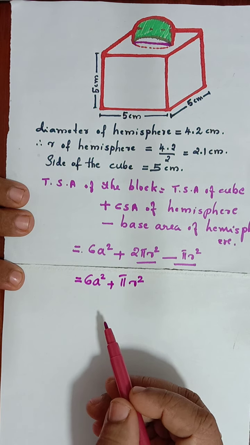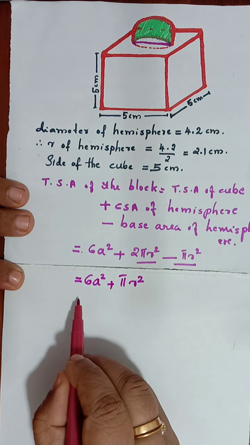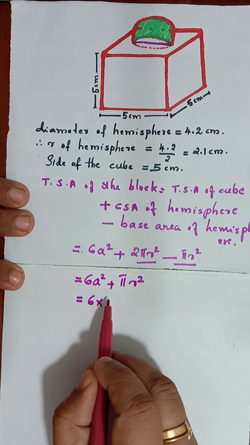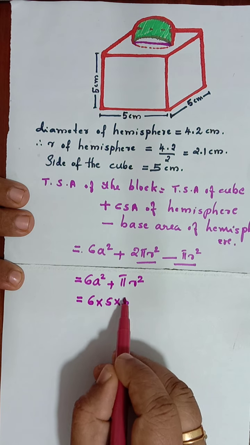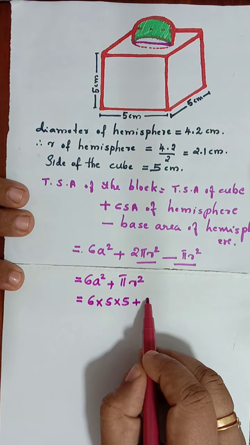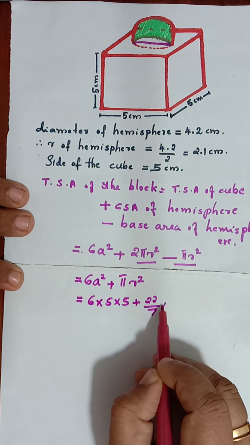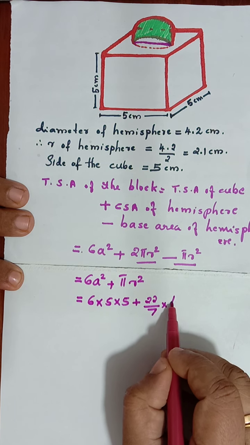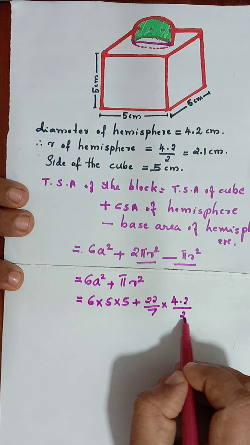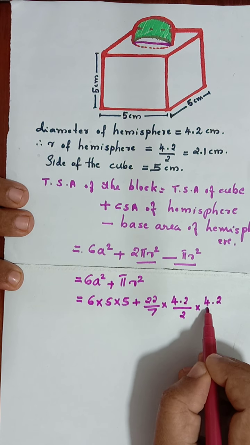Let us substitute the values. 6 into a, here it is 5 into 5, plus pi value 22 by 7 into r square. R is 4.2 by 2 into 4.2 by 2.